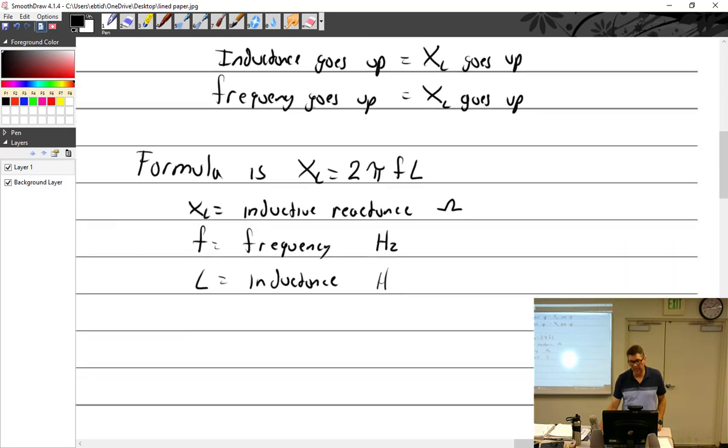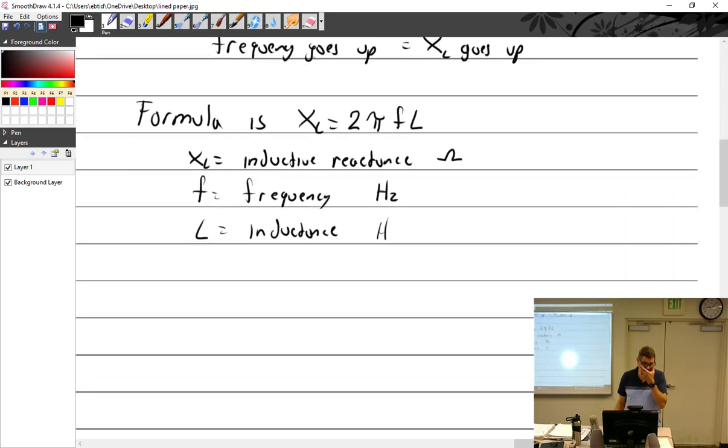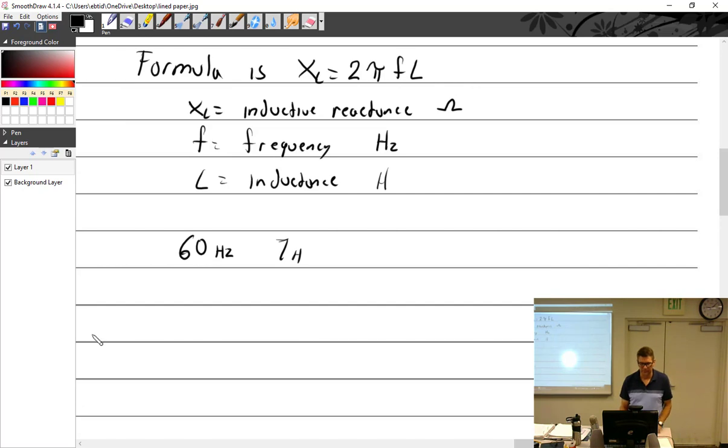So if I had an example, is everybody caught up? Everybody with me? Yes. All right. If I said, what is X of L if we have 60 hertz and 7 henries, what is X of L? So X of L equals 2 pi FL.